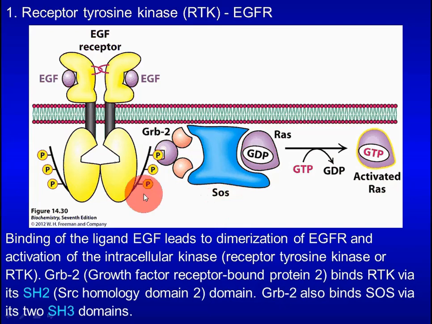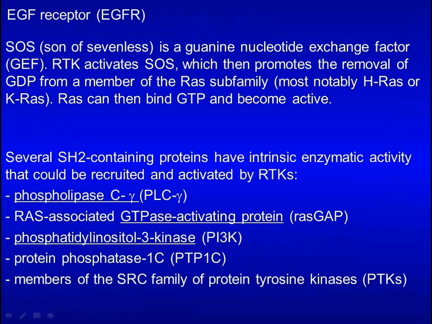RTK activates SOS, which then promotes removal of GDP from RAS. RAS can now bind GTP and become activated. Several SH2-containing proteins have intrinsic enzyme activity that can be recruited and activated by receptor tyrosine kinase.